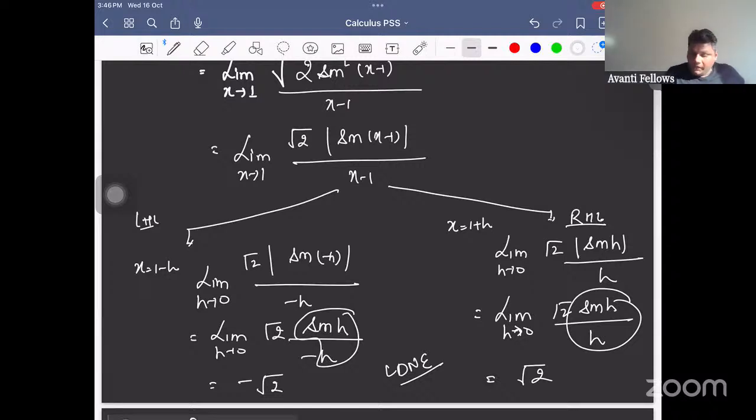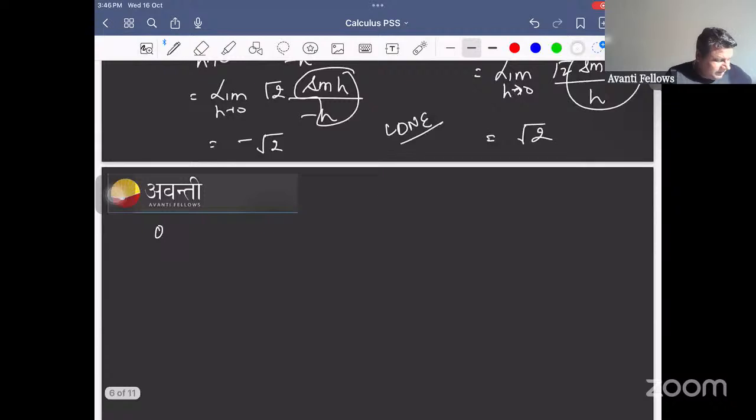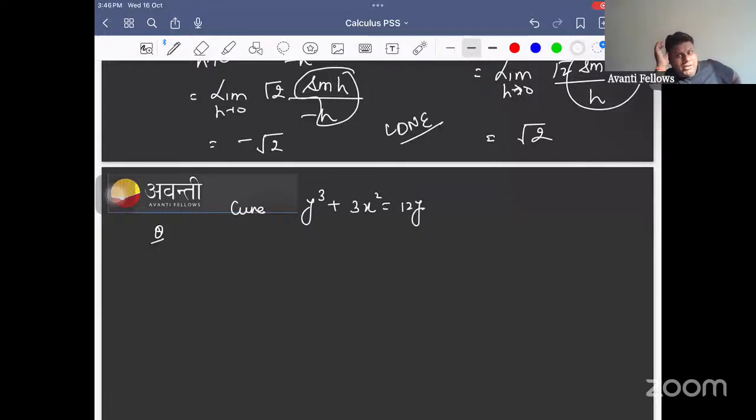Done? Write down the next question. On the curve y cube plus 3x square equals 12y, find the points where the tangent is vertical.